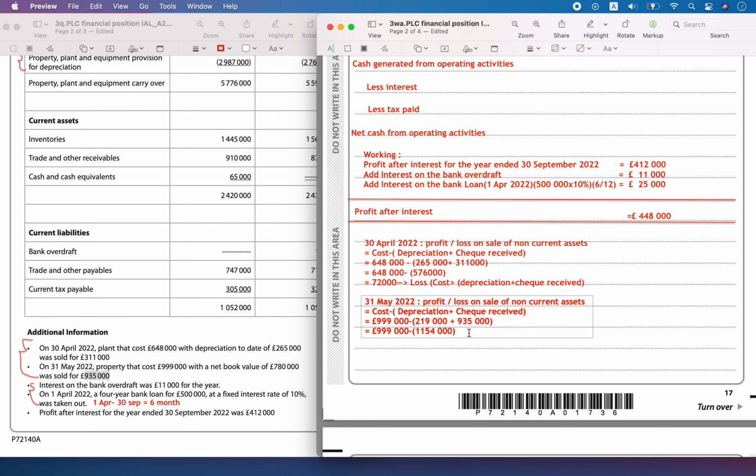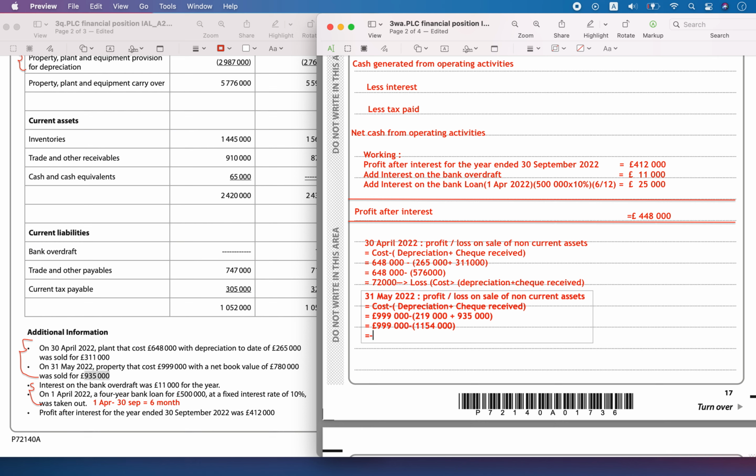Which means this value has become greater than my cost and I have been able to get the profit. So 1,154 minus 999 gives 155,000.